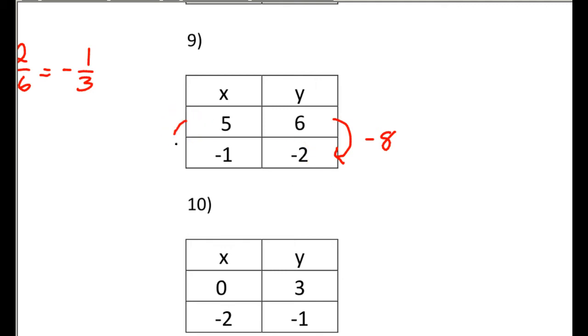How far is it from 5 to negative 1? You figure you have to go down 5 just to get to 0, and from 0 to negative 1 would be another down, so negative 6. So we have negative 8 over negative 6, which equals positive. And then reduce it, divide top and bottom by 2, and you have 4 over 3.